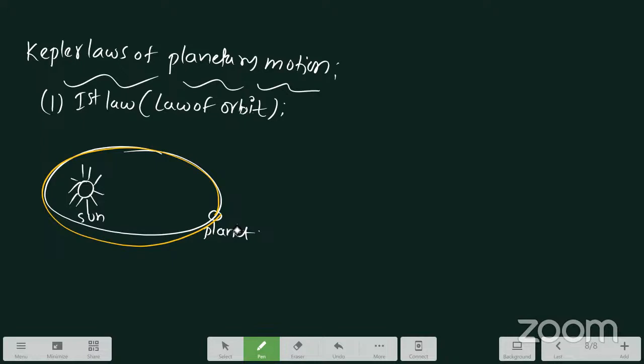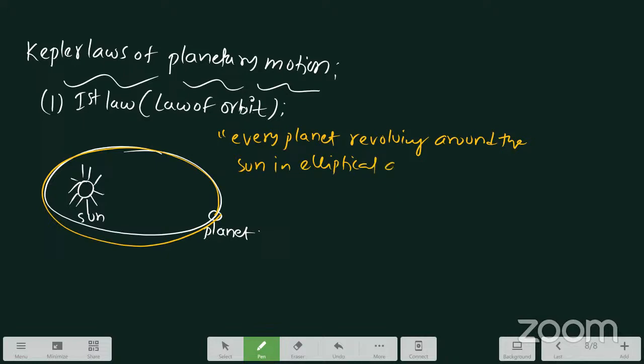Just like every planet revolving around the sun in an ellipse. That is only the law of orbit. Every planet revolves around the sun in an elliptical orbit. Here the sun is at one location.